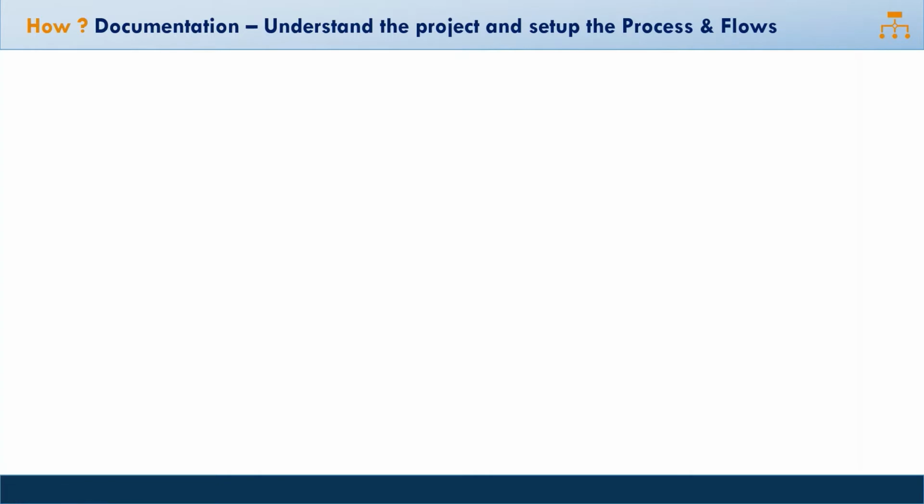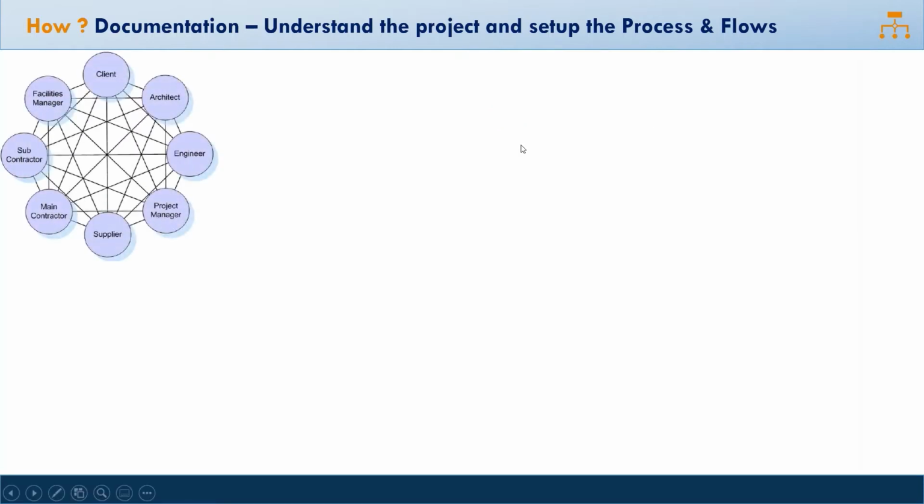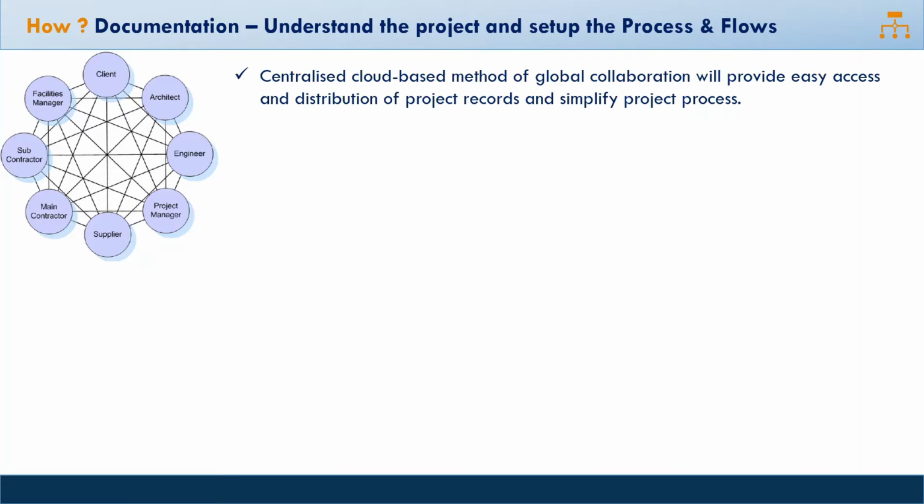Friends, continuing with the previous slide of project process setup and flow setup, let's look at one type of project where the project participant is coordinating and communicating with everyone and every stakeholder.